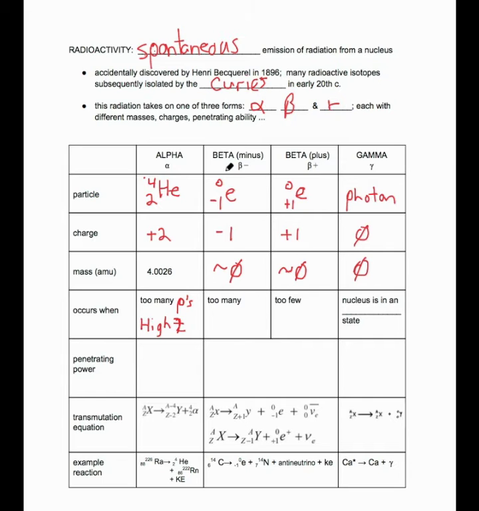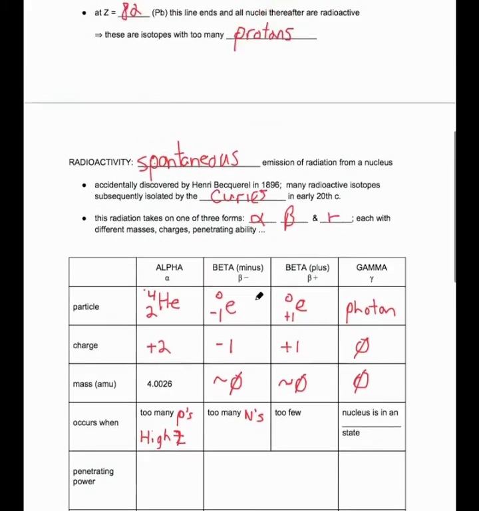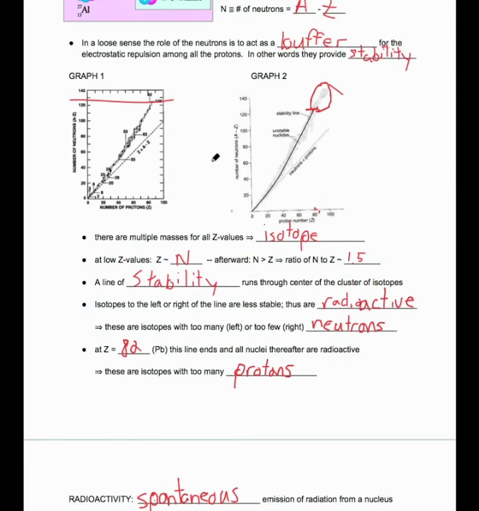Beta decay, on the other hand, occurs when you have nuclei with too many neutrons relative to the protons. So if we go back to the graph we saw earlier, the elements above here are generally going to be beta minus emitters.